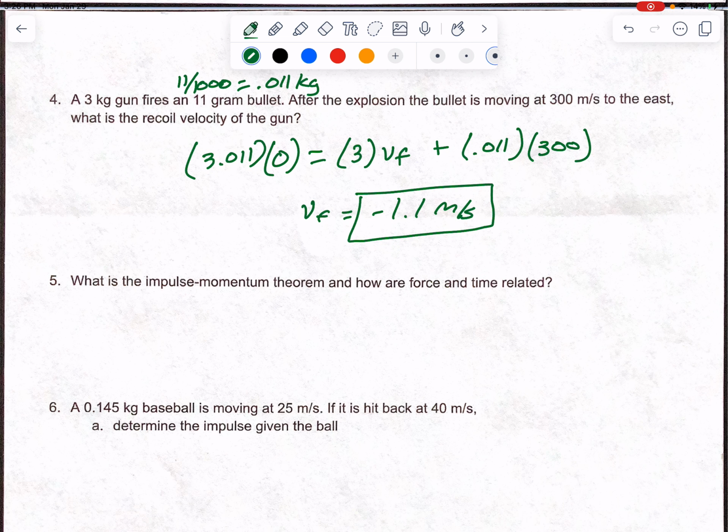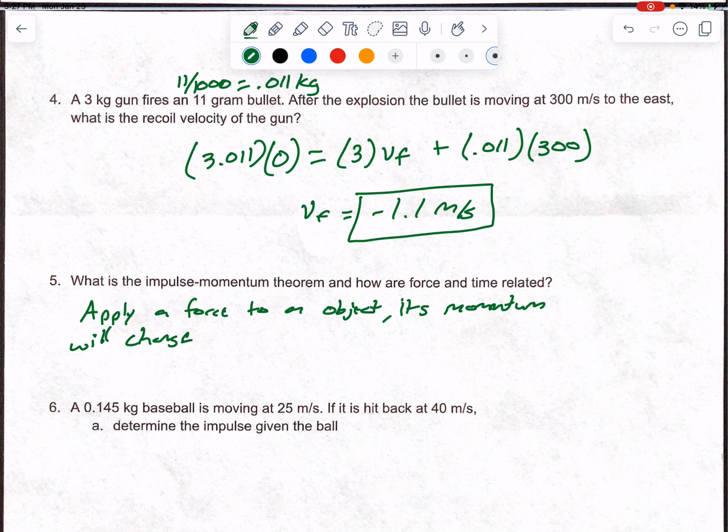Now it says, what is impulse momentum theorem? Okay, so basically this states when you apply a force to an object, its momentum will change.